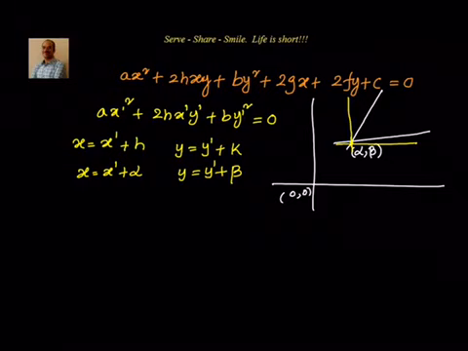We will get an equation in terms of x' and y'. But remember that we cannot have any x terms, y terms, or constant term in that, because with respect to the new origin the point of intersection is (0, 0). With respect to the old origin the point of intersection is (alpha, beta). So we will leverage that condition and try to find the point of intersection.